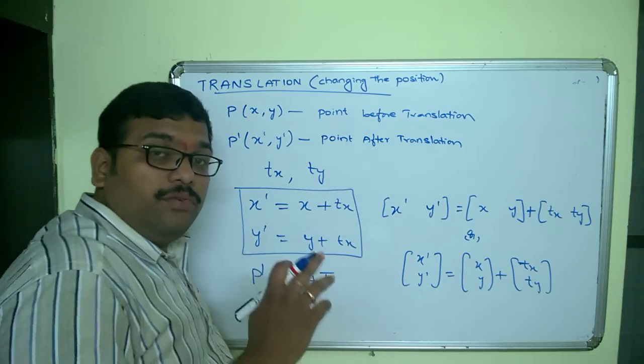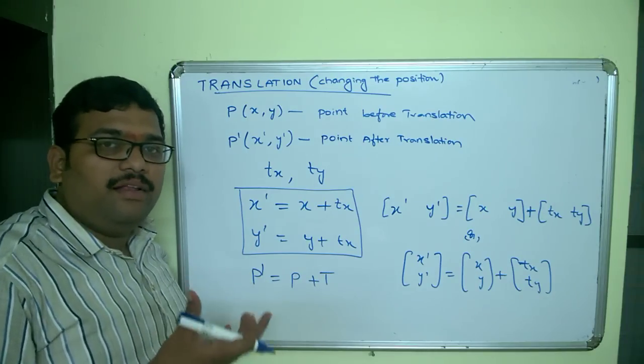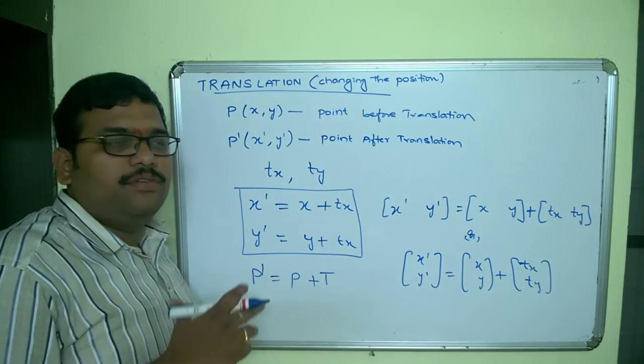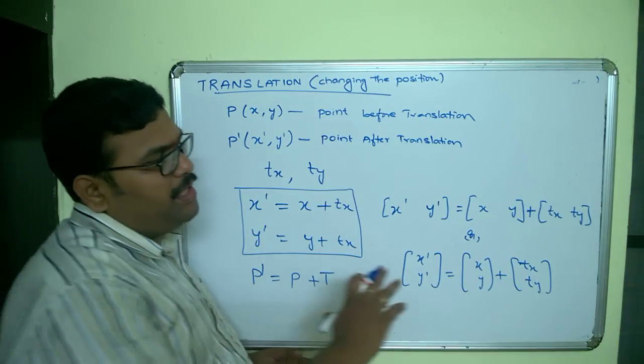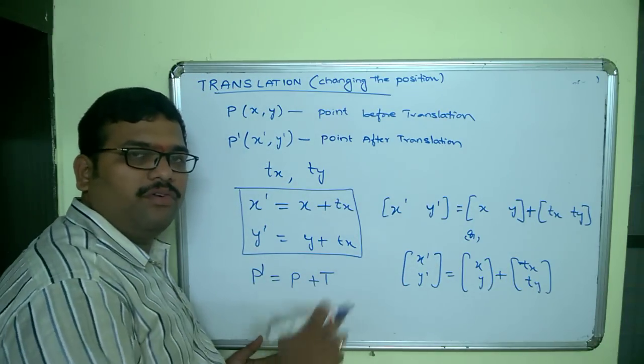If we want to translate a triangle, it consists of 3 points. Each and every point should be calculated for the translated coordinate.